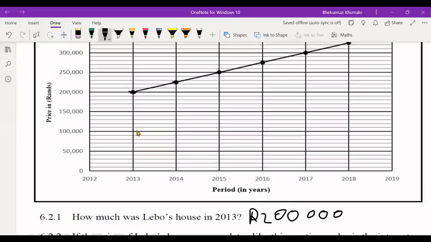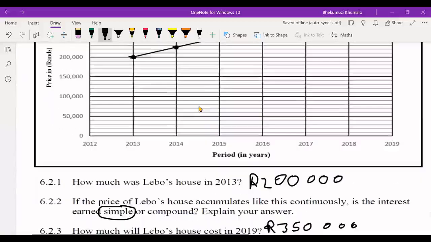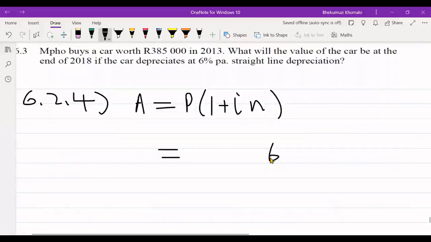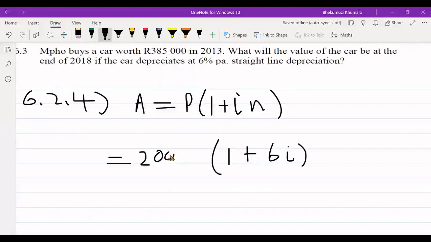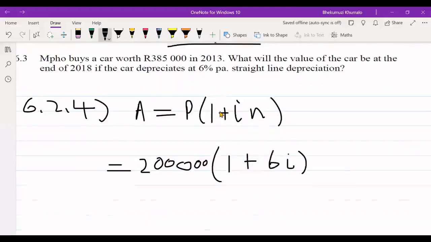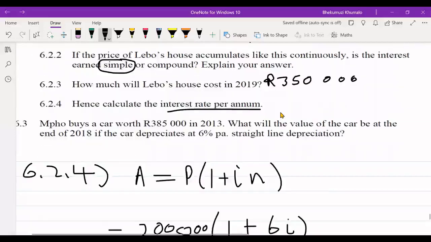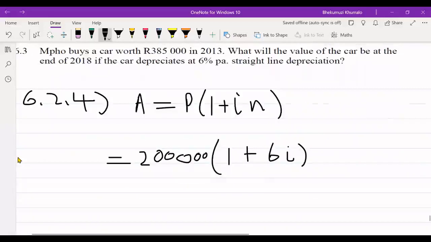He invested in 2013, so that's 1, 2, 3, 4, 5, 6 years. So n is 6. The starting value of this money was 200,000, and the accumulated value after the 6 years is 350,000.